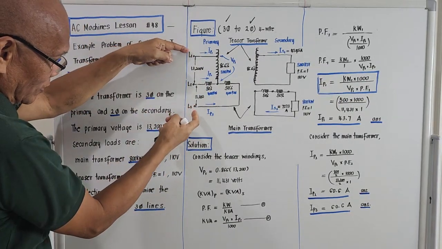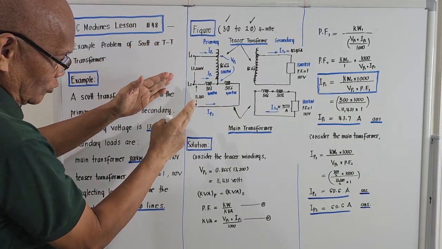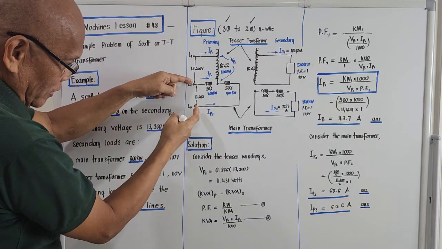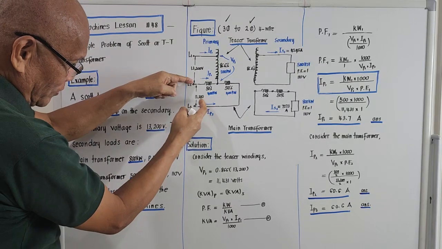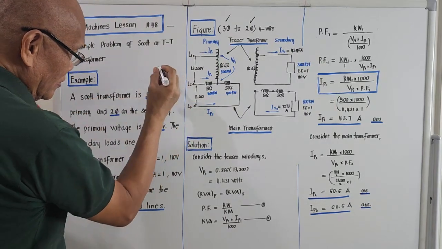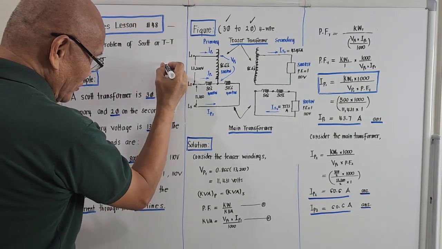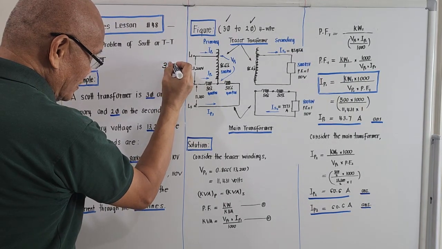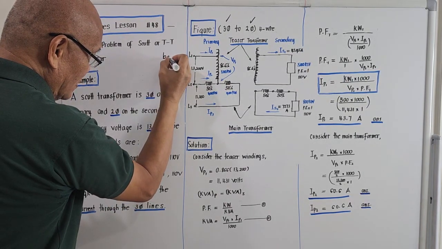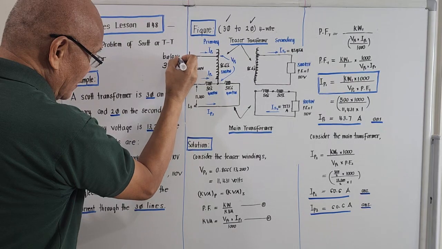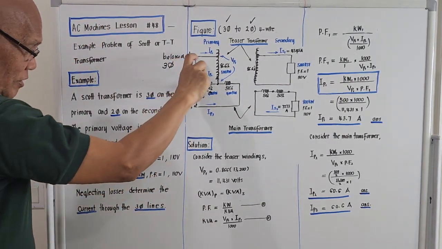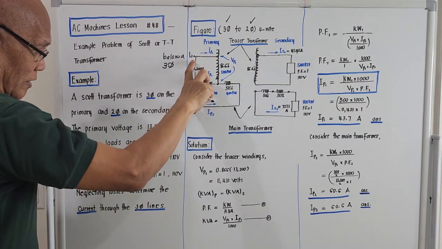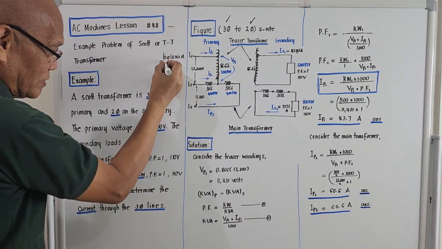Between line 2 and line 3, the third combination, it will still be 13,200 volts. So on the primary side the connection is three-phase, balanced. If these three voltages are equal, it's three-phase and balanced.